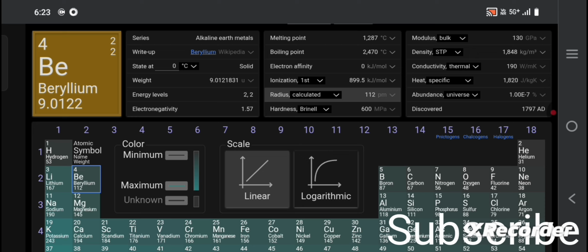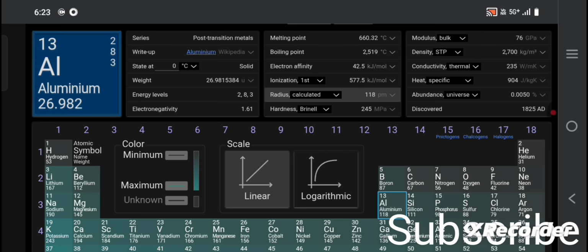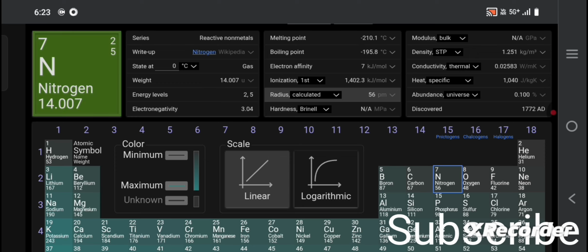For example, nitrogen is a non-metal, so for a non-metal the radius is known as the covalent radius, whereas for metals like beryllium, it is the metallic radius. That's the difference between metallic radius and covalent radius.